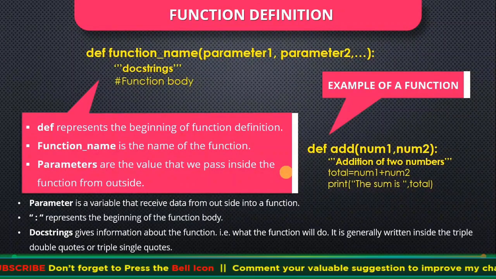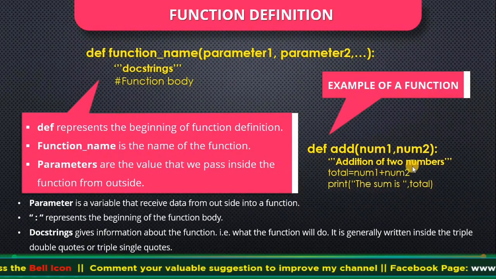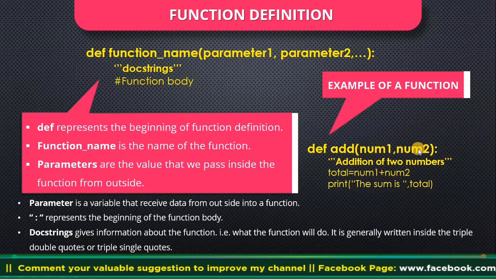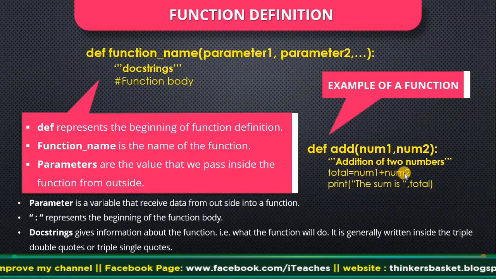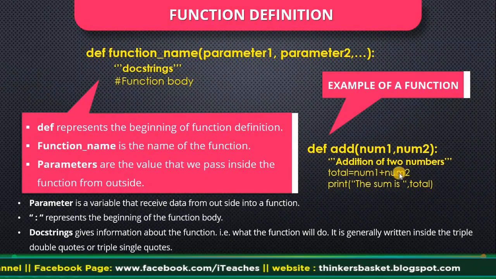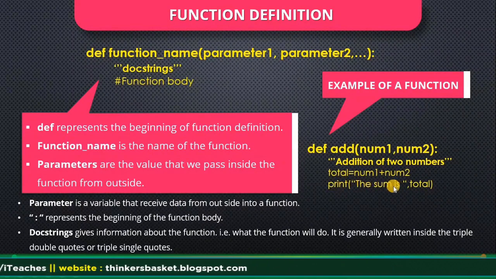Whenever I need to call this function, I need to pass two values. Those two values will be received in num1 and num2, and these are used as the values over here. Addition will be performed, the result will be stored inside total, and finally the result will be printed inside the function in this print statement. Alright, so this is the overall picture of the function definition.